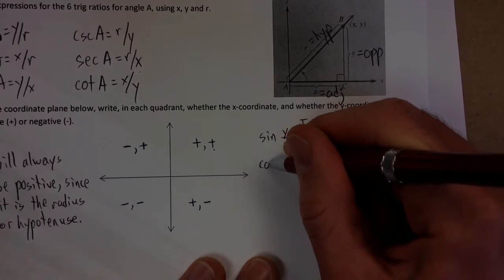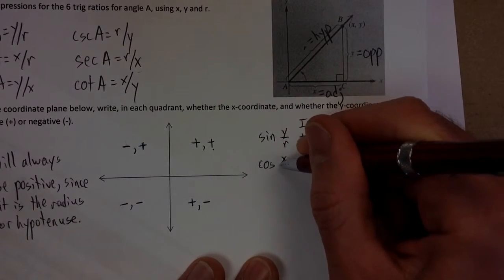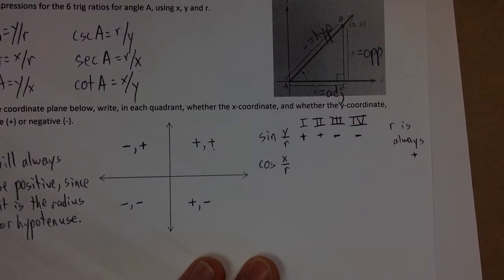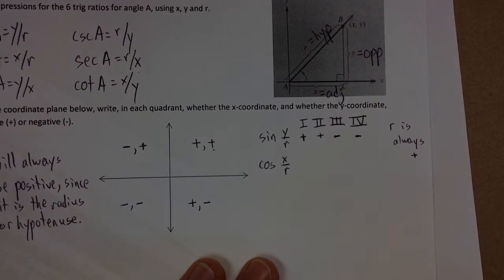Let's do cosine next. We know it's x over r. And now I'll call on random people. Melanie, first quadrant. Cosine, positive or negative? What do you think? Positive. And why?